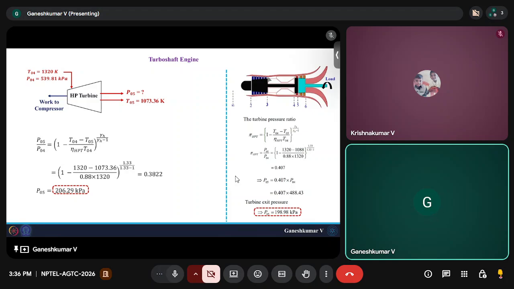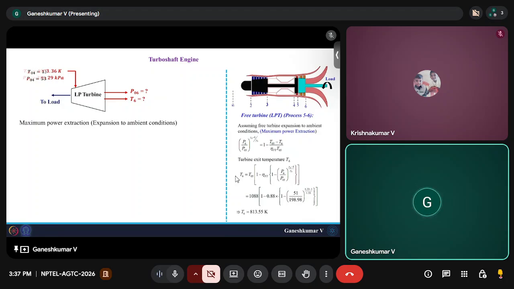Therefore your turbine expansion is also beginning at a higher pressure, and that's why you see higher pressures at the exit of the HP turbine. Anyway, P05 is 206.29 kilopascal and T05 is 1073.36 Kelvin.